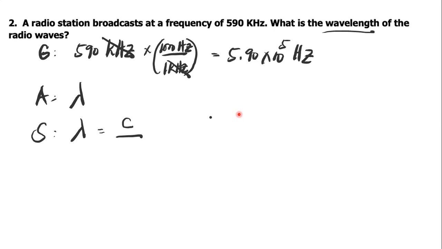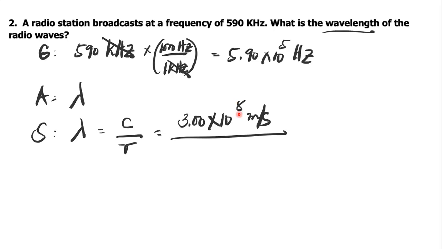Therefore, we have 3.00 times 10 to the 8 meter per second divided by our frequency, 5.90 times 10 to the 5th hertz.